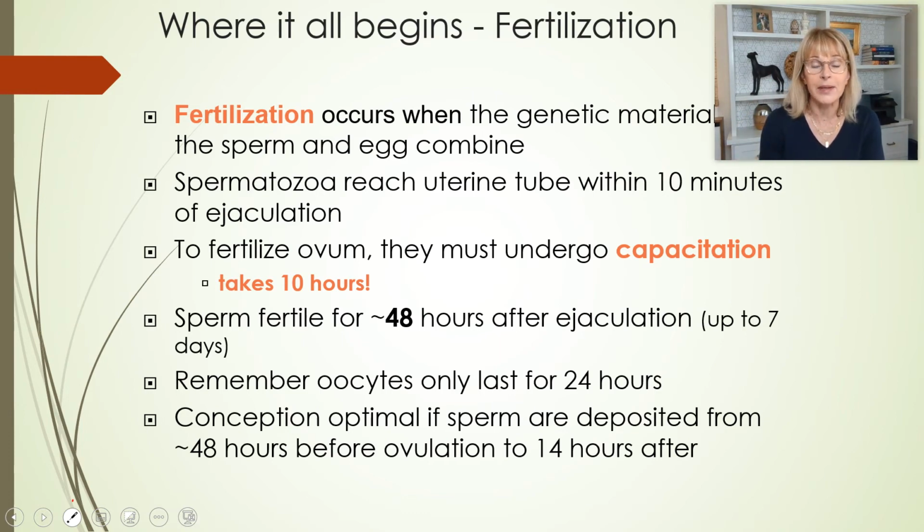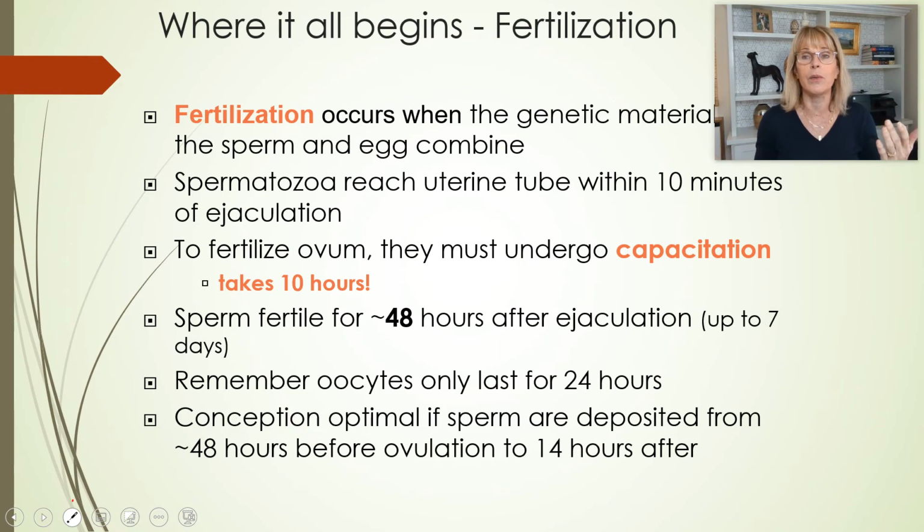However, it could happen that the ejaculation happens maybe 20 hours after ovulation, in which case this egg only has 4 hours to live. And then the sperm arrive in 10 minutes, boom. And she's like, oh, I'm so glad you're there. I only have 4 hours to live.